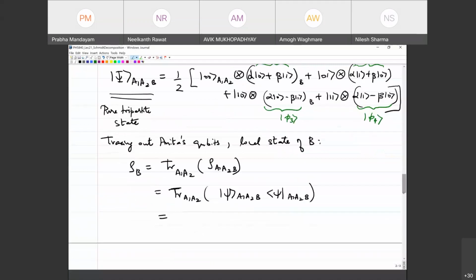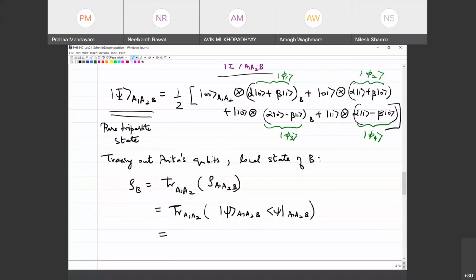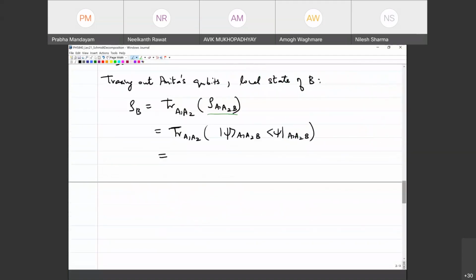So there are four states here. So when I write down this density matrix, I'm going to get 16 terms. But do I need all 16 terms when I'm evaluating the partial trace? So I'm going to have terms like this.